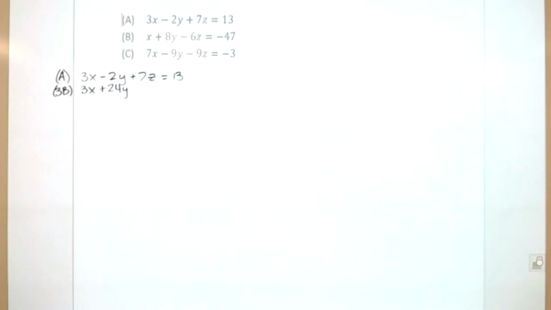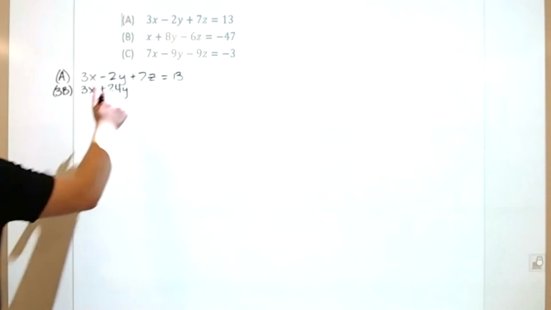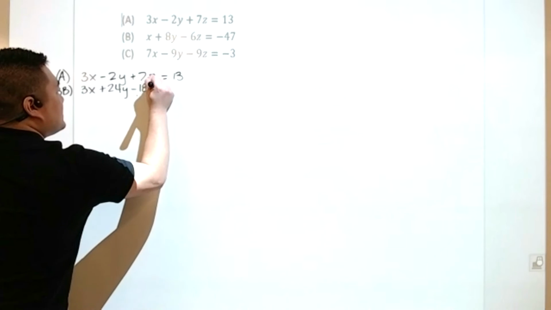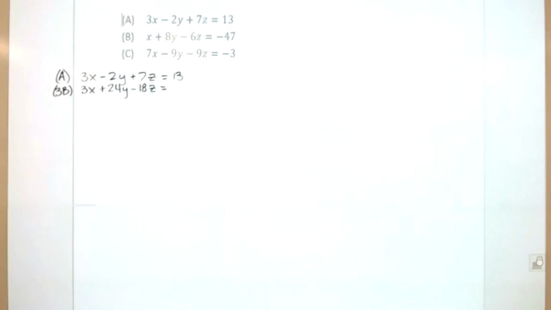Minus 6 times 3 is 18, so minus 18z. Then negative 47 times 3, that's going to give me negative 141.